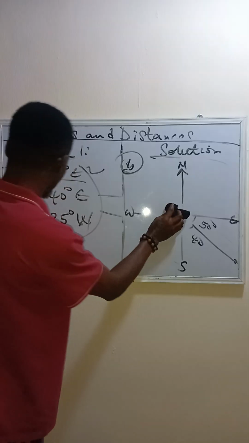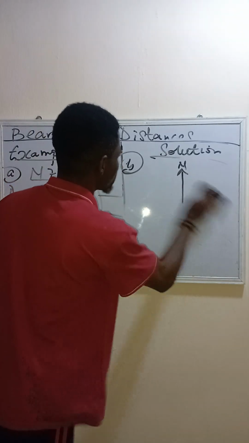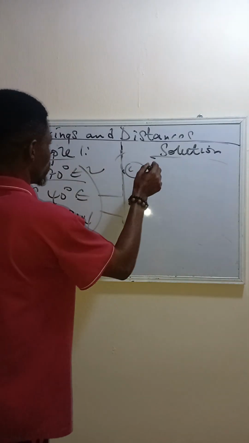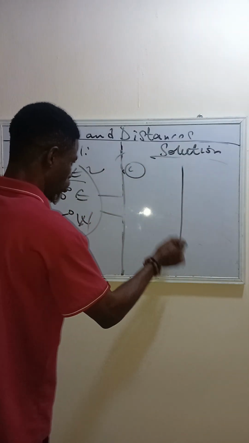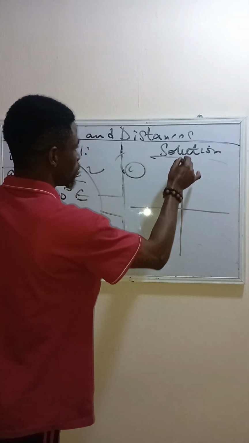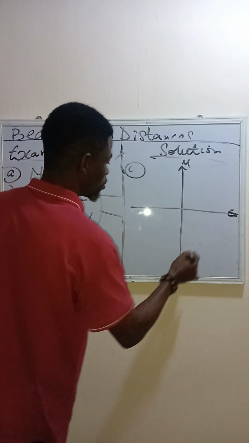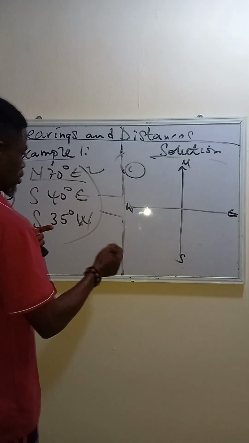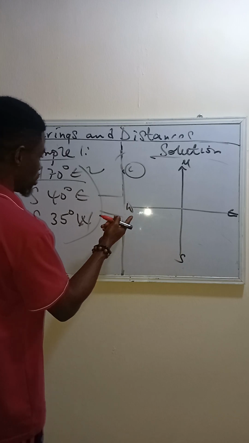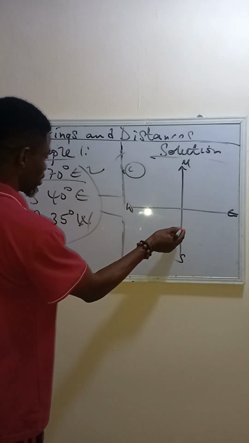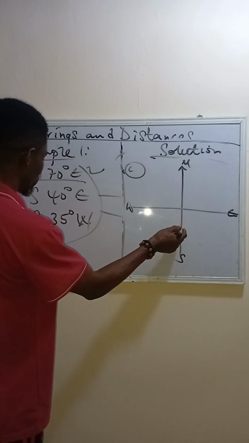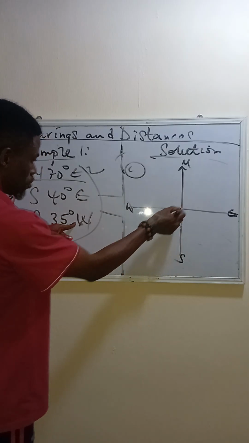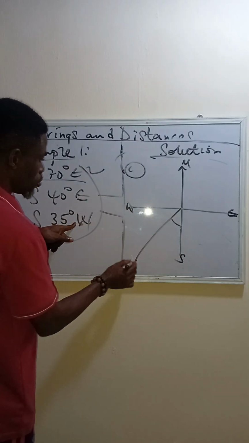Then the last one is south 35 degrees west. You draw your cardinal points, which are north, east, south and west. Now this is south and this is west. So you measure 35 degrees towards west, and the direction is going to be in this form.